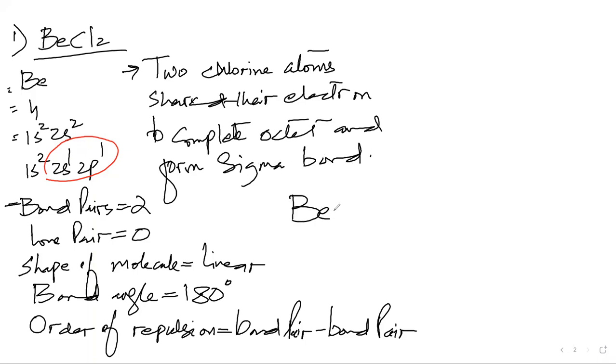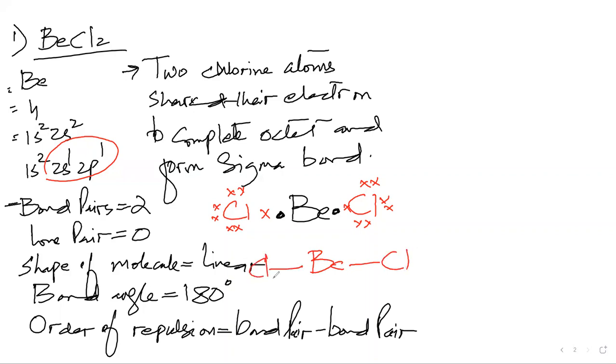How? Like this. This is beryllium with 2 bond pairs. And in chlorine, the valence shell contains 7 electrons, which will be surrounded by each atom in this pattern. Now this is beryllium, chlorine and again chlorine.